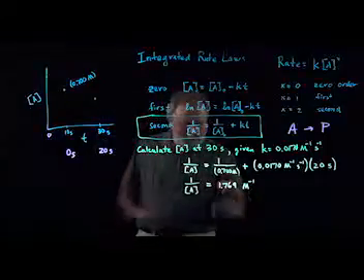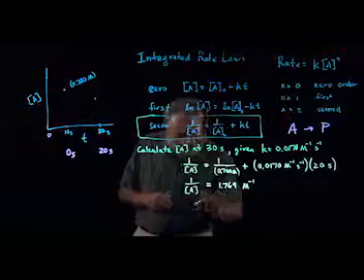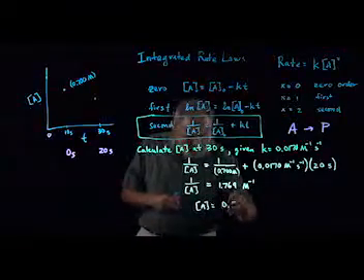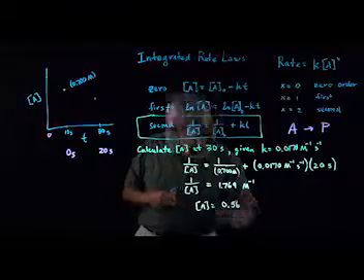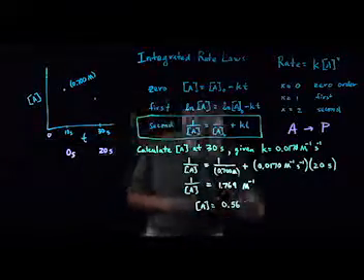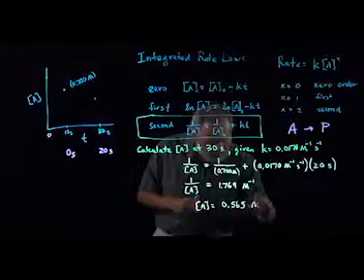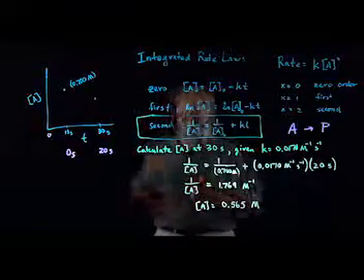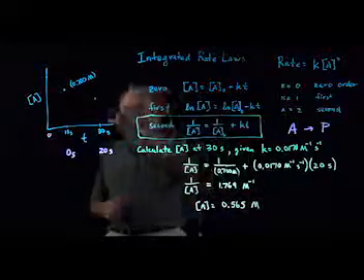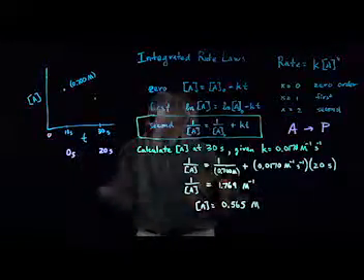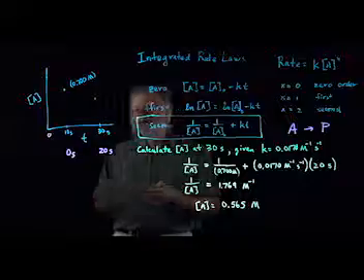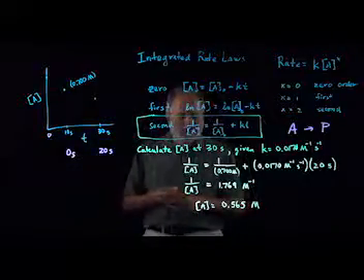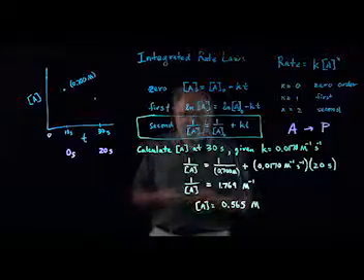So 1 over 1.769 will give you A, and that answer is 0.565 molar. So the units of molarity are there, as they should be. The concentration has gone down, which is what it should do, and it looks reasonable. So that's how you'd actually work this particular problem.